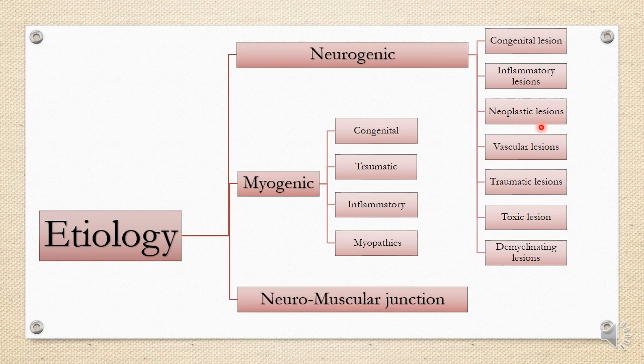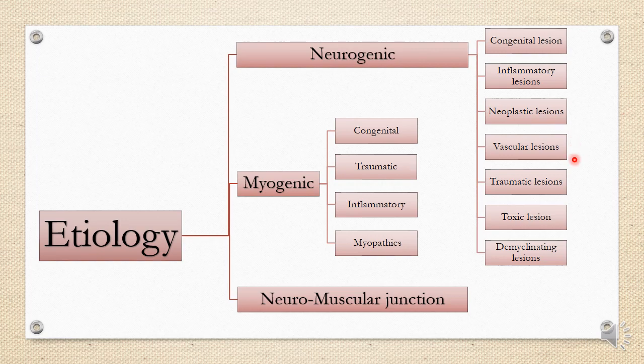Next is your vascular lesions. These are generally old age patients, who could have hypertension, diabetes mellitus, atherosclerosis. What happens is that in the brain, sometimes there is hemorrhage, thrombosis, embolism, or an aneurysm, or a vascular occlusion, leading to obstruction of the normal functioning of a nerve.